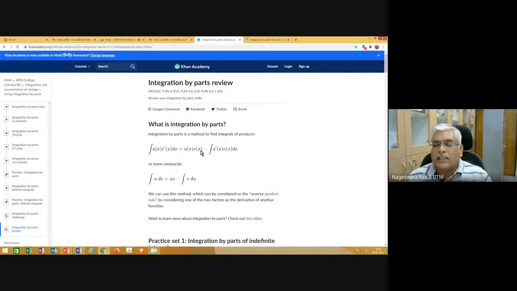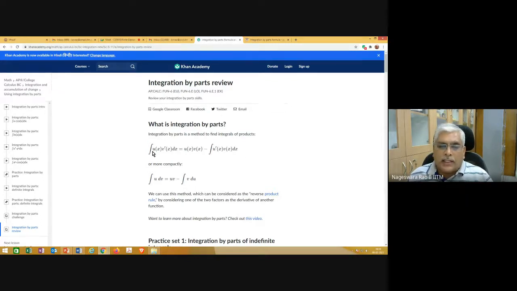So it gets cancelled, and finally product of u and v is this one. So that is how you are getting. And if you expand it, you can easily understand what it is. Please try yourself. So by writing this integration by parts in this manner, what is the advantage of this? What is the advantage of this one?